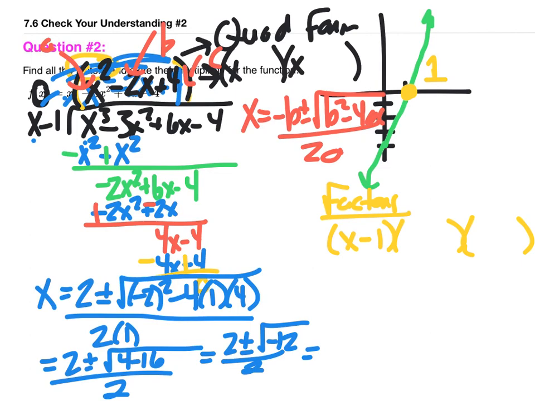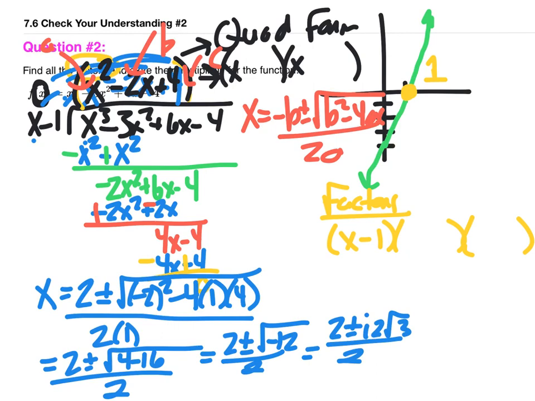So remember, you can pull out that negative square root, so it's going to be i times the square root of 12. I am actually going to keep this as a simplified radical, so 4 times 3. So the square root of 12 becomes the square root of 4 times the square root of 3, which becomes 2 times the square root of 3, and then all over 2.